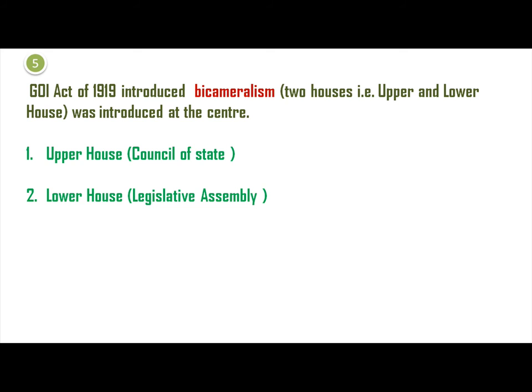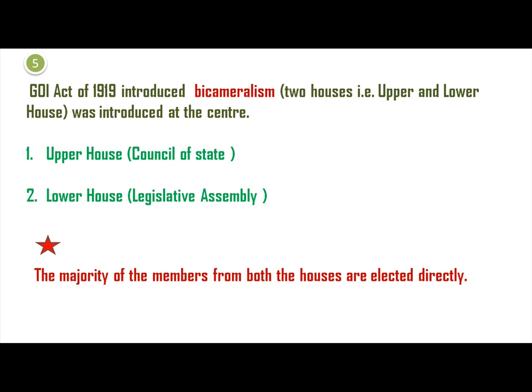So the lower house at that time was called the Legislative Assembly, but now we call it Lok Sabha. Moving on to the next important point: at that time, the majority of the members from both houses were elected directly.